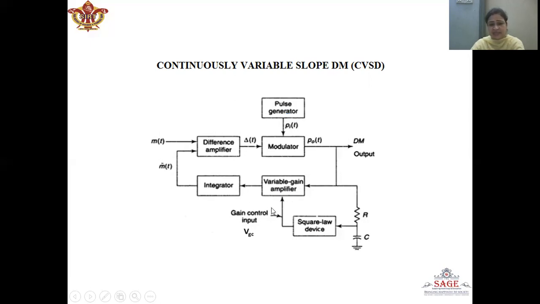This gain control input will increase the gain of this variable gain amplifier, and it will then be added to the previous sample, and a larger value of m^(t) will be generated, which will be compared with the next incoming sample of the message signal. And this is how the step size is varied according to the variation in the error signal.